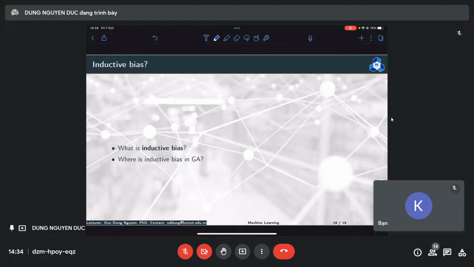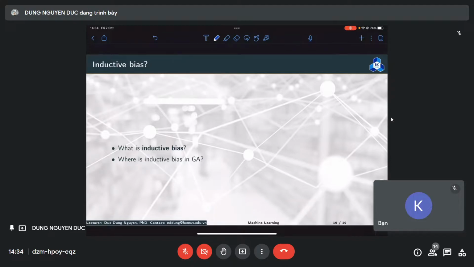Well, you may think that the inductive bias of GA is the assumption that your solution can be mapped to the chromosome. That's one thing. But the second thing is that the selection mechanism and the crossover mechanism can lead you to good solutions.